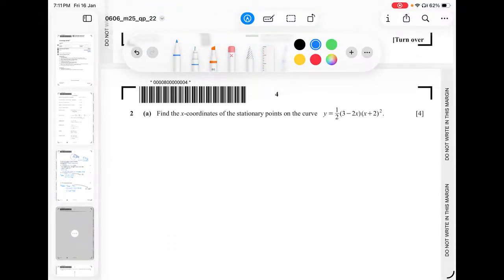The second question here: find the x coordinates of the stationary points of the curve. So we are given y. What we can do first is expand it to get a simpler form of y, since it's given in factorized form.